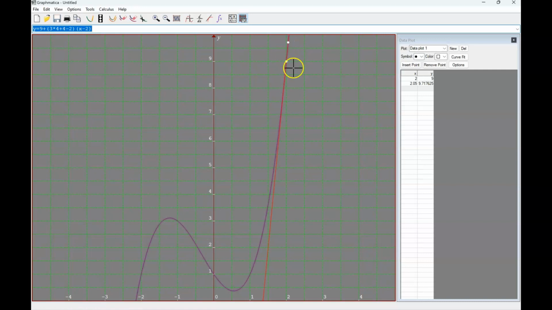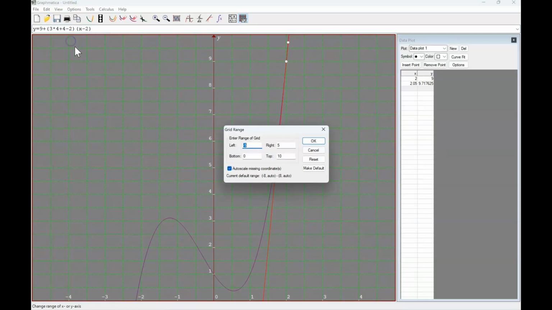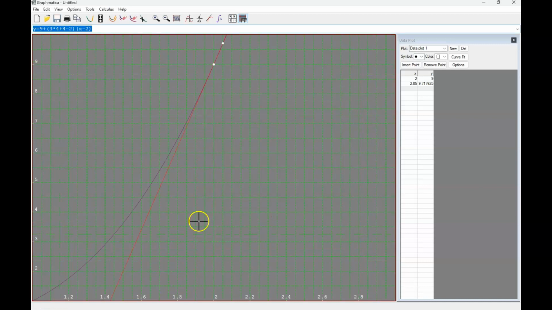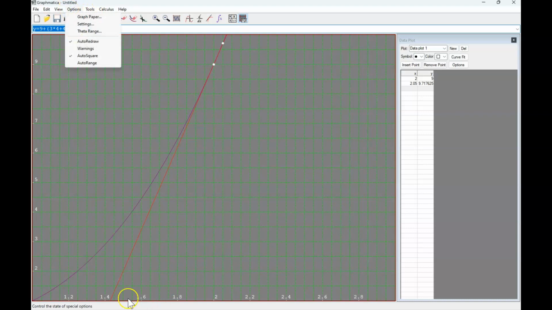Okay, so there's my tangent line through the point 2. We should do some zooming here. Do 1 to 3. All right, this is not working out the way I wanted it to.